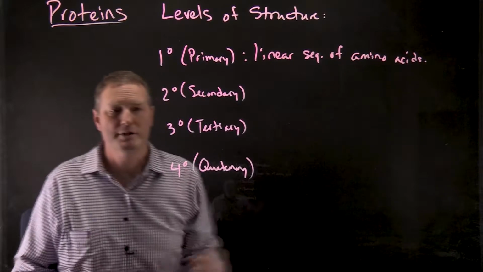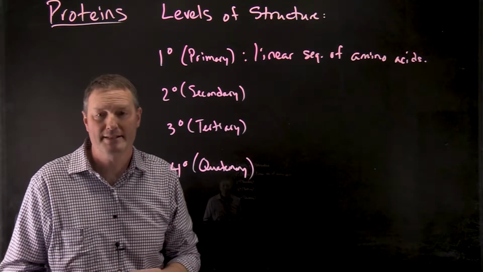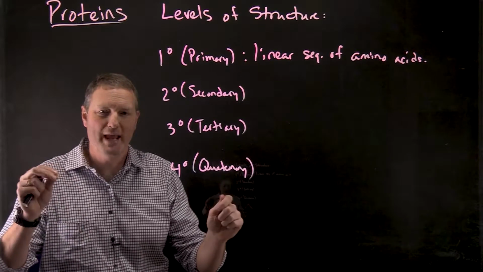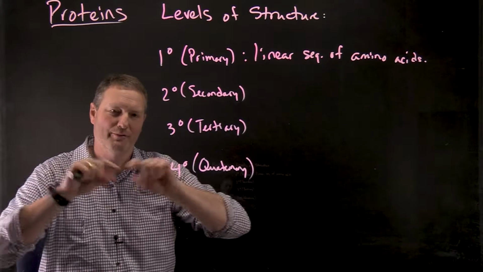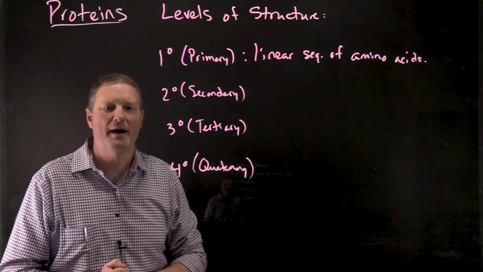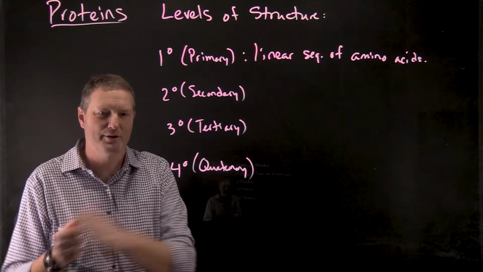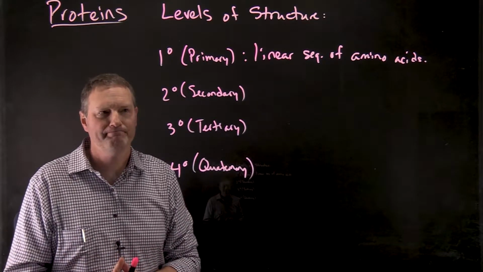If you envision taking a long polypeptide chain, let's say it's a protein with 300 amino acids, if you were to grab the two ends, the N and the C terminus, and literally stretch that out and linearize that long peptide, you'd then have a sequence of amino acids going from the N terminus to C terminus, described as the primary structure.